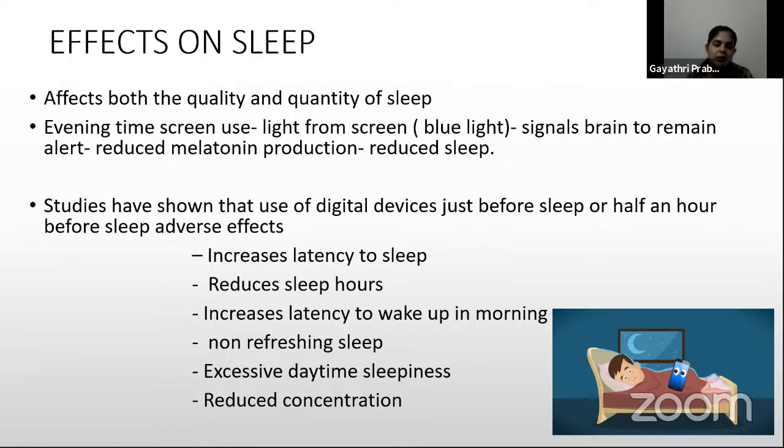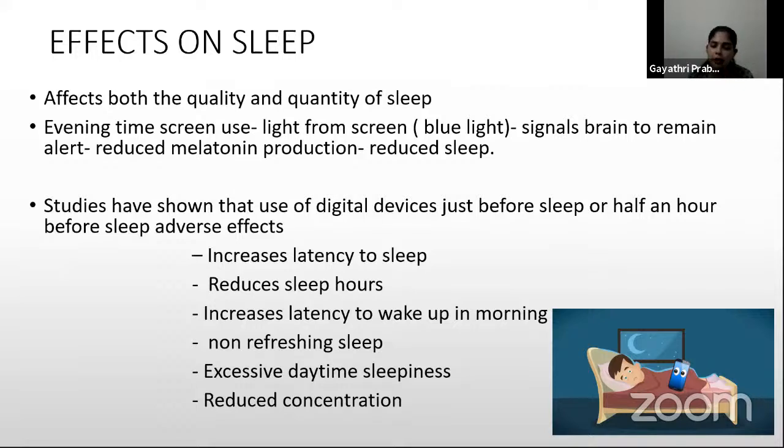So when there is excessive light from these screens, it triggers the brain to remain alert. So when the brain is alert, it doesn't produce a lot of melatonin, which is required. Melatonin is a product that is formed from the mood hormone, happy hormone, or neurotransmitter serotonin. So this melatonin is required to send signals to the muscles to relax and induce sleep.